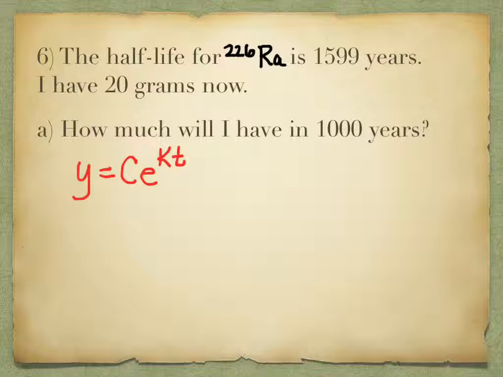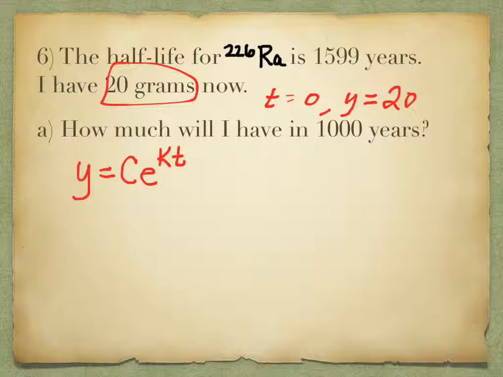And we can justify it in this way. We have 20 grams now, so in essence, when time is equal to 0, we know that y is equal to 20 grams. Well, if I put in 0 for t, then the kt would all be 0, right? And e to the 0 is 1, so all of this becomes 1. All I'm left with is c on the right, and 20 on the left.